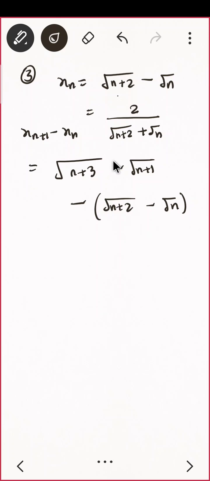Try to see whether you are getting the same thing. It is better to use that one instead of this. Yes, is that clear? Can I write this thing as this? Multiplying and dividing by root of n plus 2 plus root n. Now can you check whether it is increasing, decreasing?